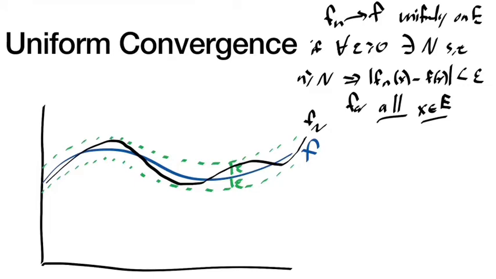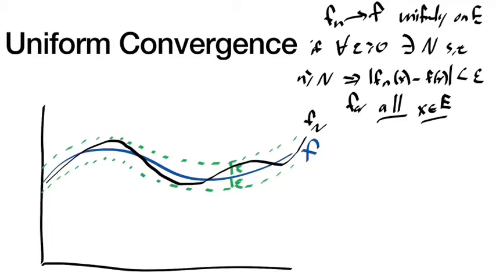So what you see is that every point in my sequence eventually goes inside that little tube. So it's uniformly convergent. So the whole function is converging simultaneously instead of each point converging one point at a time. Okay, again, this should make you think a little bit of uniform continuity.